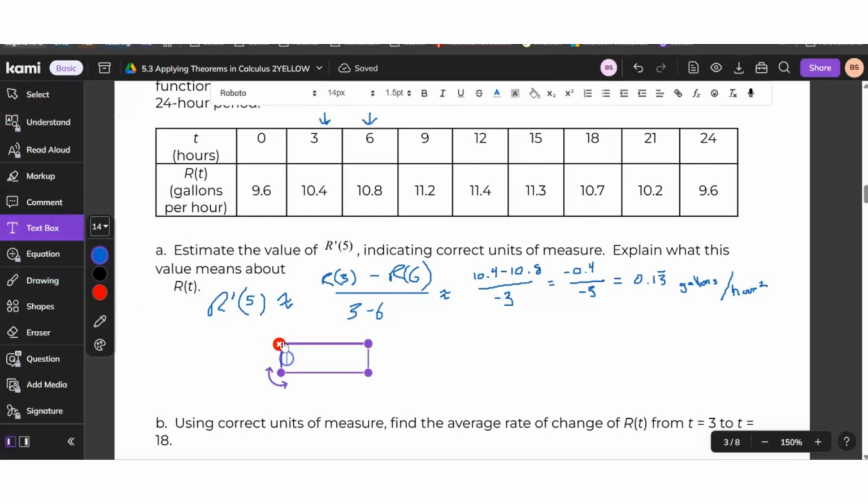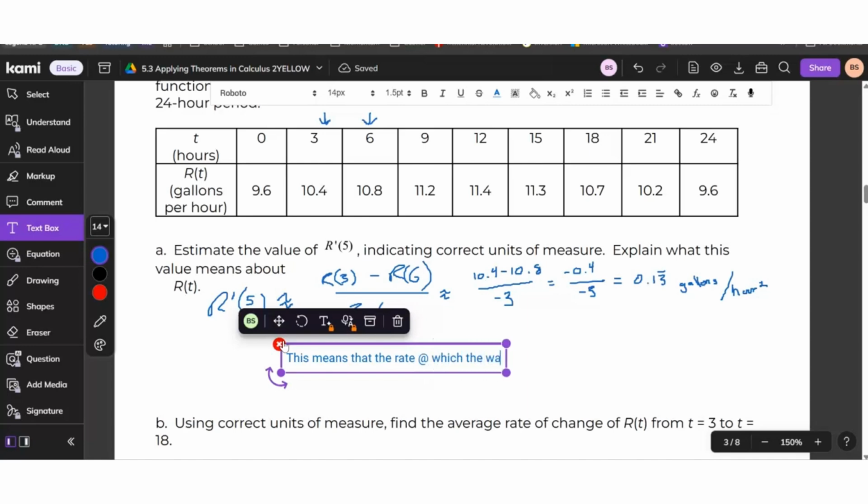So let's write that to help us remember. What this means is that the rate at which the water is flowing out of the pipe is increasing at t equals 5.